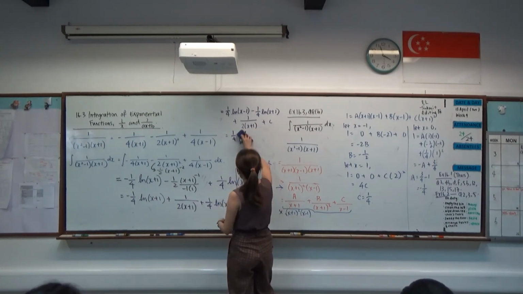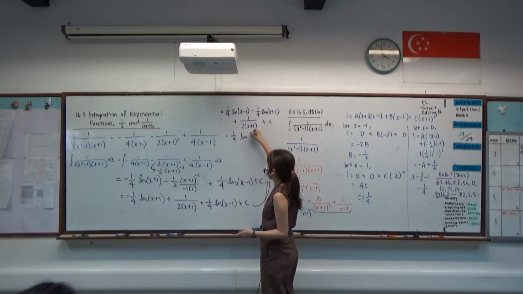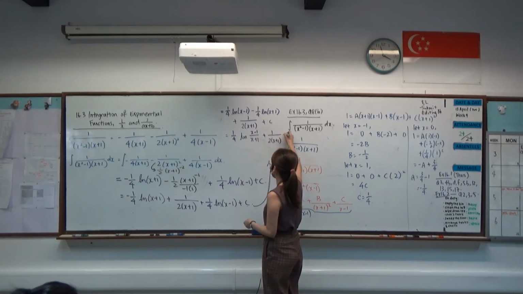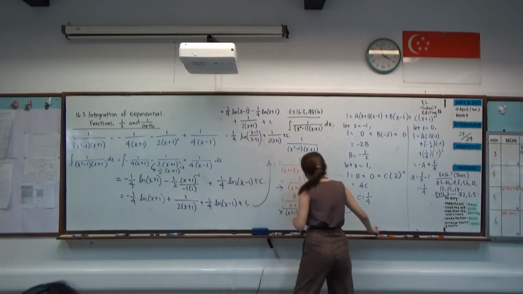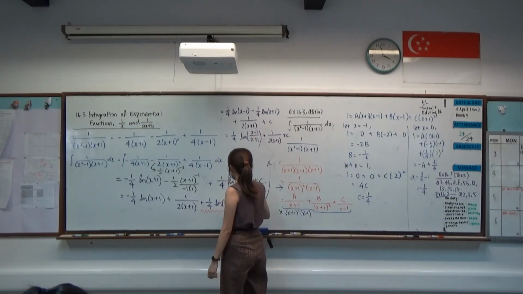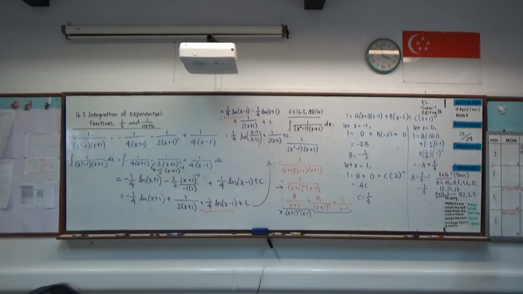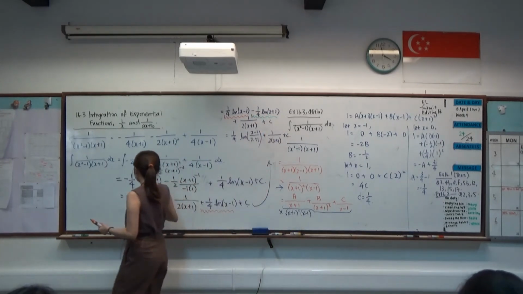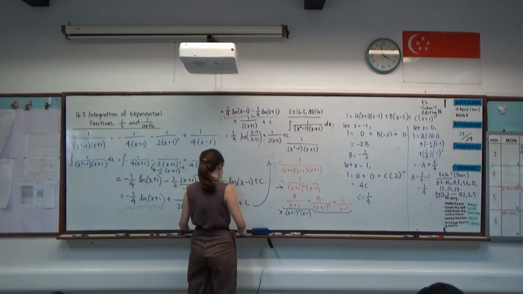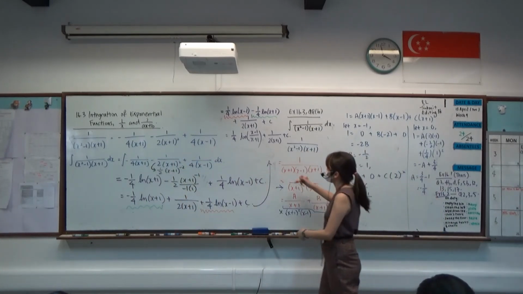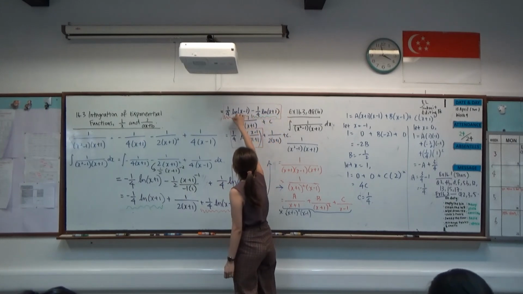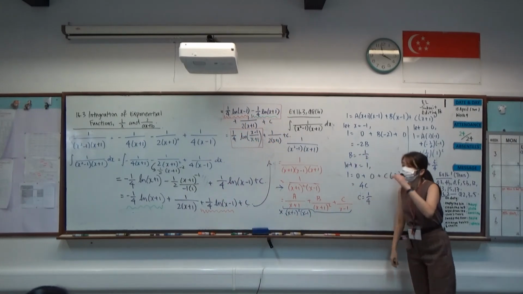The ln effectively could become 1/4 factorized out, ln of (x minus 1) over (x plus 1). Okay, let me highlight that for you.